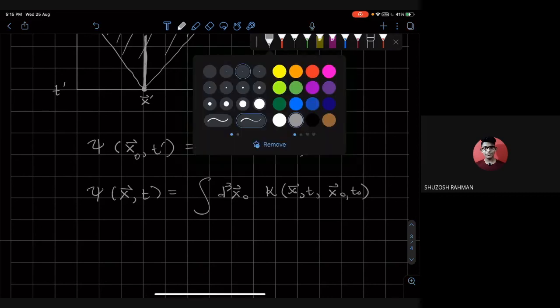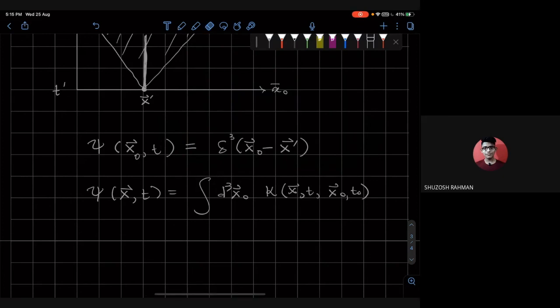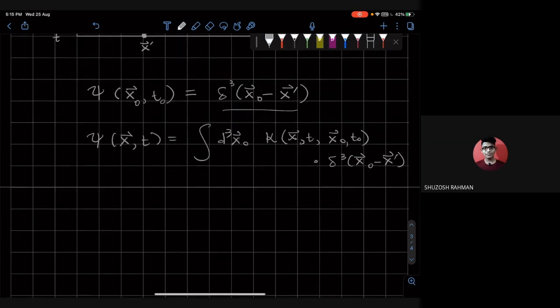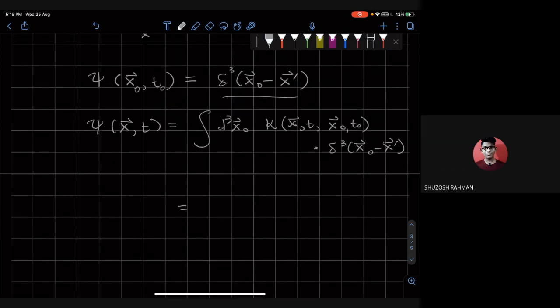Sorry, I keep on doing this. I should really commit to something. Times the original wave function. But the original wave function is this thing, so we multiply it by delta cubed (x0 minus x prime). And now if I do the integral using the delta function, this just becomes K. Psi of x at t becomes K at x t, x prime t'. Okay?